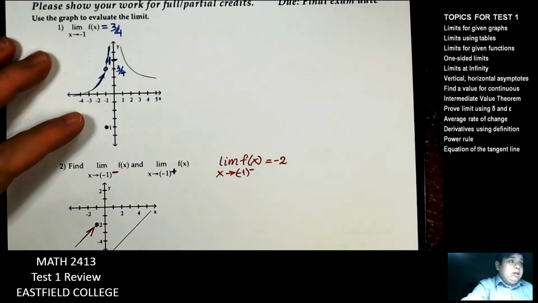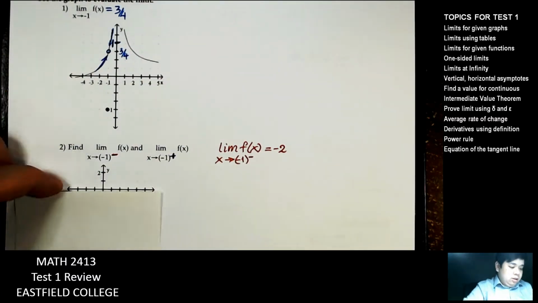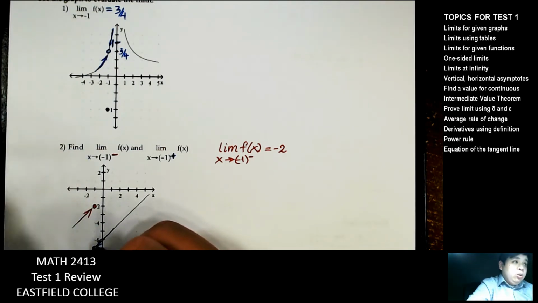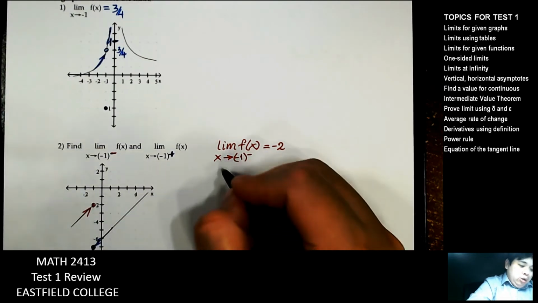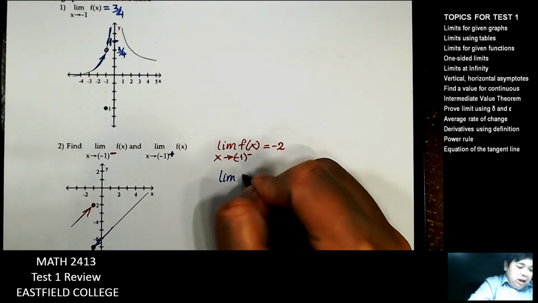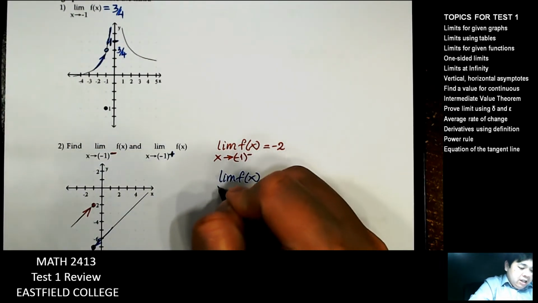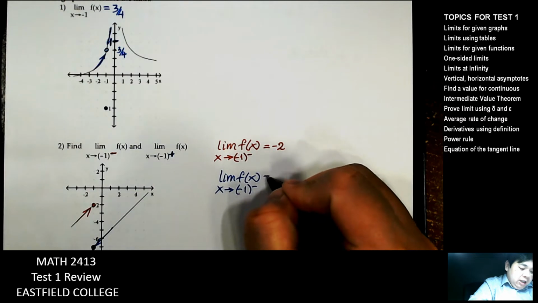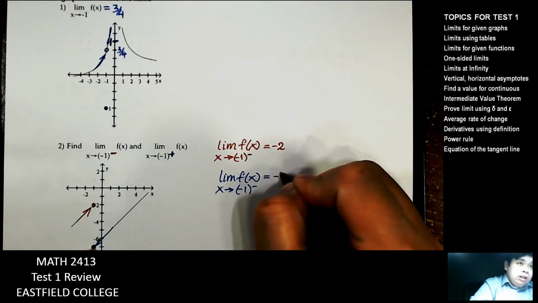And then the limit when x goes to -1 on the right, it will approach to this point. So we say limit of the function as x goes to -1 from the right is equal to -7.